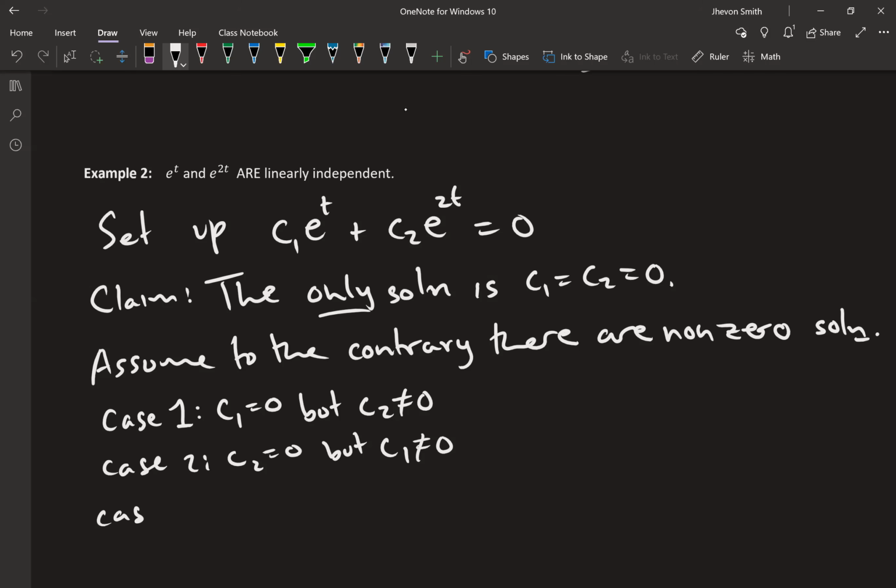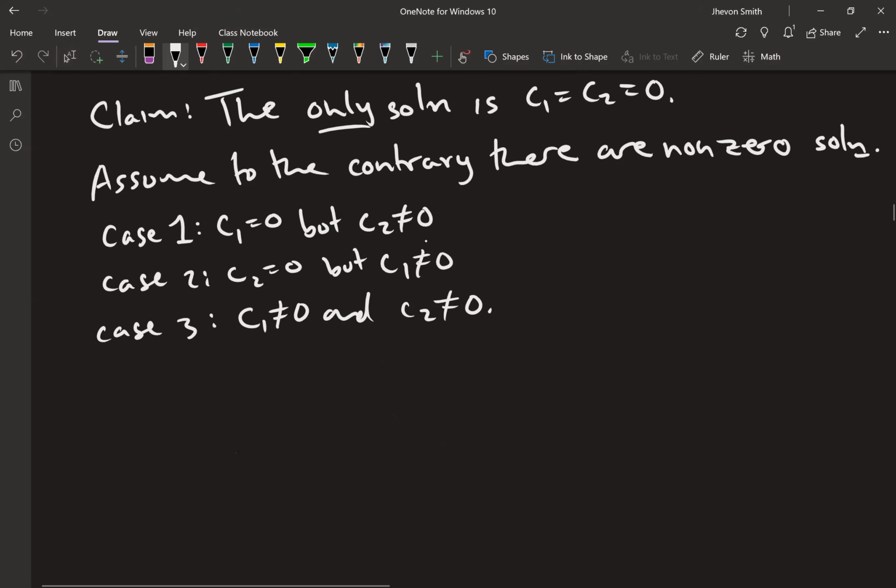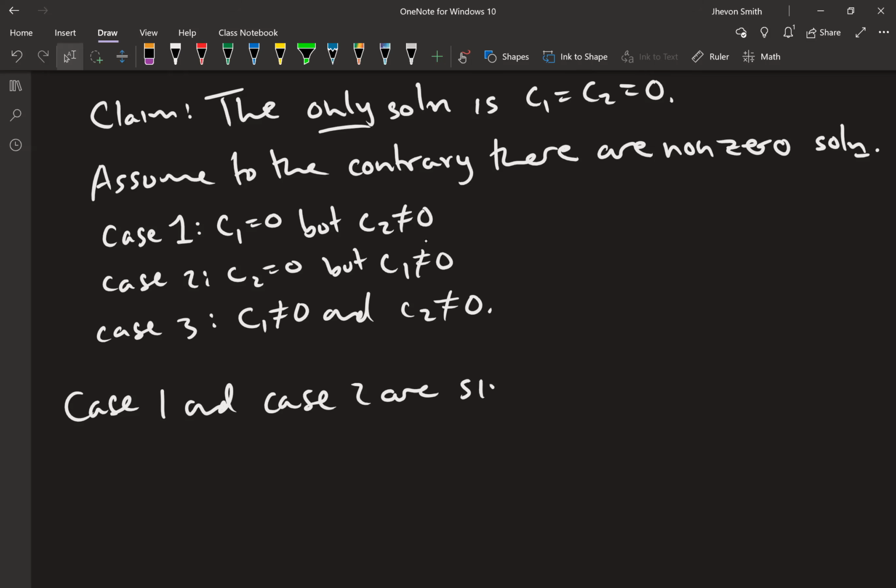Or case 3, I can have c1 is not 0 and c2 is not 0. Now, case 1 and case 2 are very similar. So suppose we're in case 1, and the idea will be the same for case 2.